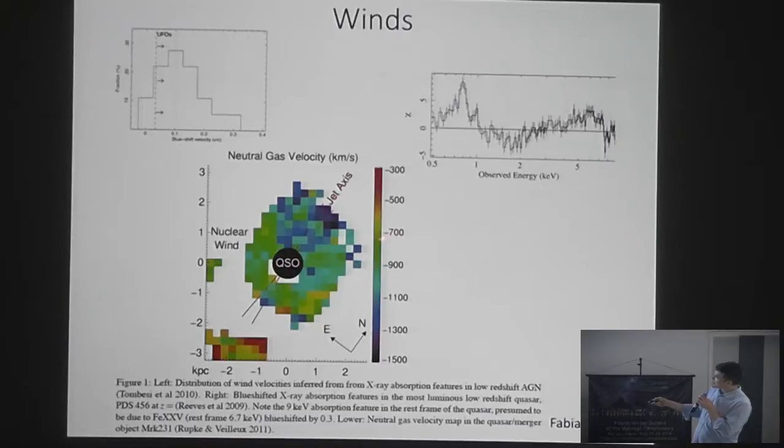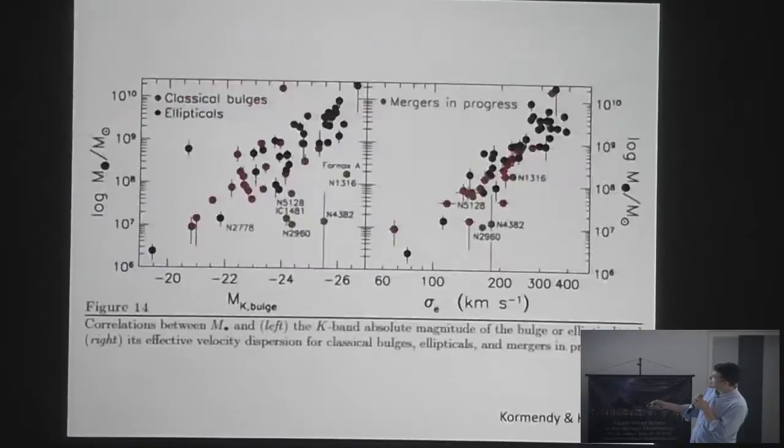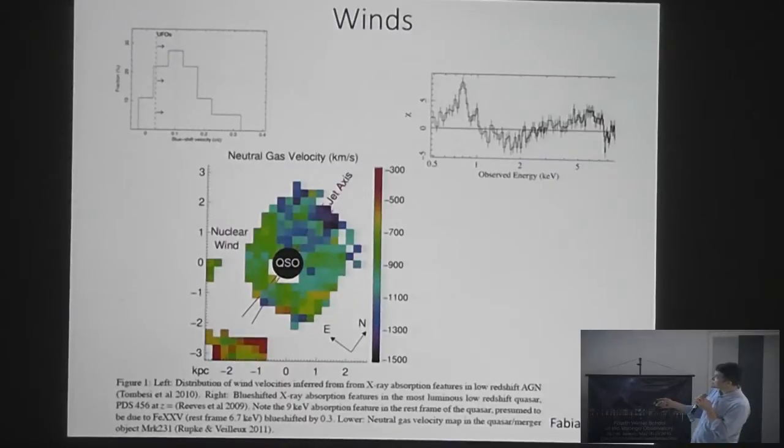Anyway, this should have a dispersion of about 800 kilometers per second in most directions, a little faster in the jet direction, about 1,200 kilometers a second.